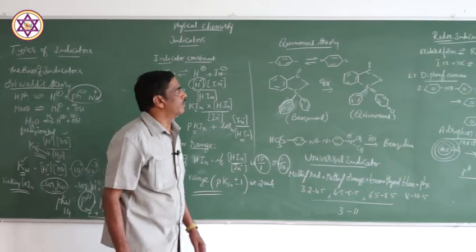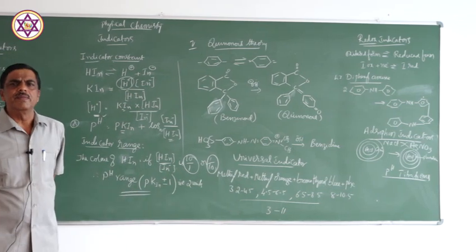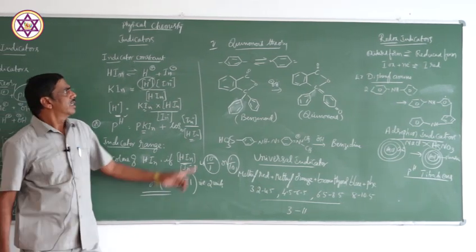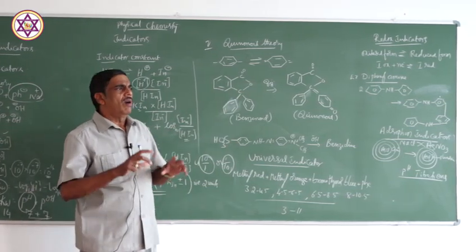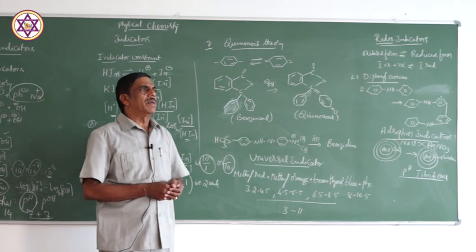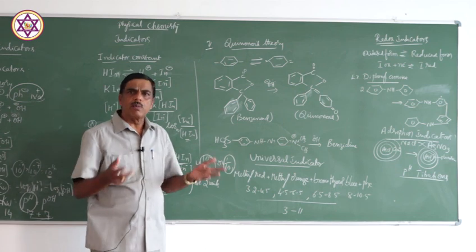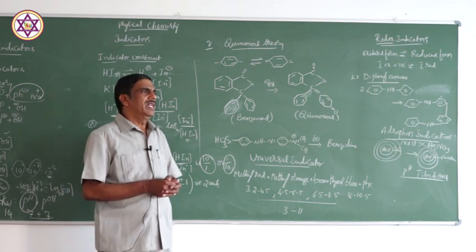There is one more theory, the second theory, that is called the quinonoid theory. This quinonoid theory says that acid base indicators, majority, all of the acid base indicators, have one or more benzene rings.